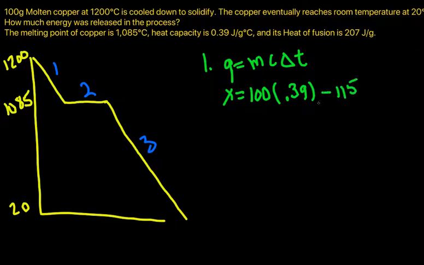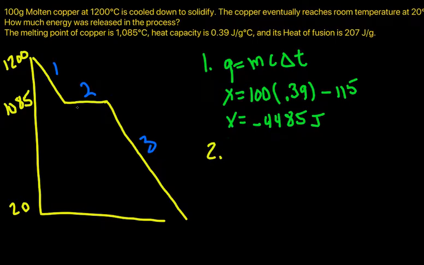That negative is very important. So make sure you include your sign. So now we multiply that out to get our energy. So negative 115 times 100 times 0.39 gives me negative 4,485 joules.